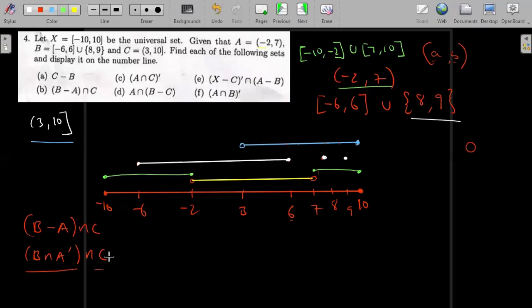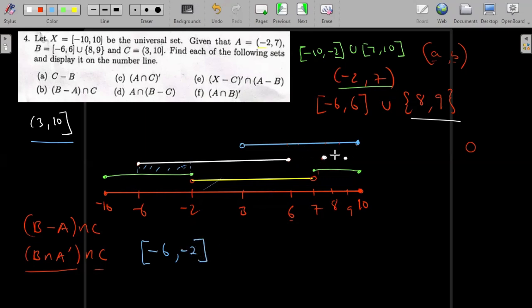Then they're telling you to intersect this with B. B, remember, is the one in white. So where do these intersect? You must check now, where do they intersect? They intersect here, from here to there, including where -6 is. So you have -6 all the way up to -2, it's going to intersect.